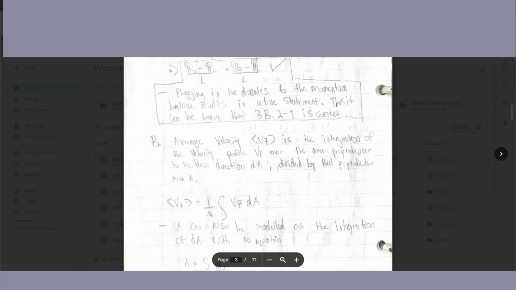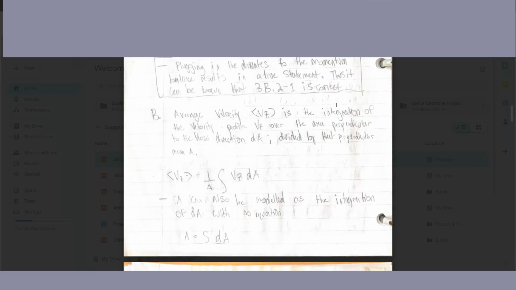So the average velocity is the integration of the velocity profile Vz over the axis perpendicular to the flow direction, dA, divided by that perpendicular area. Basically, the integral over dA of Vz is all of the velocities over the whole area, like the area under the curve.